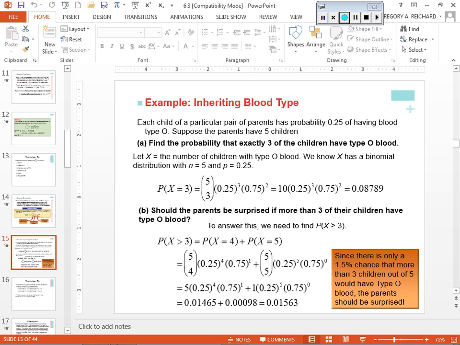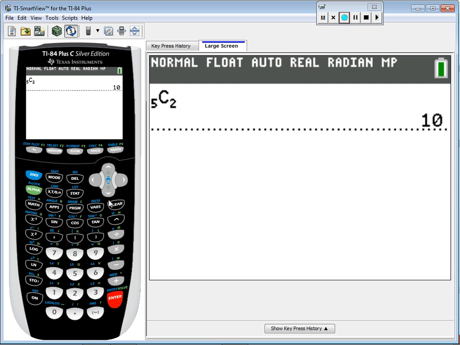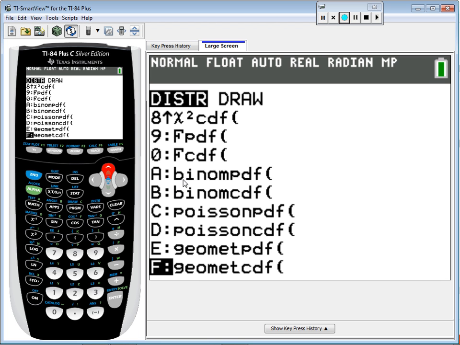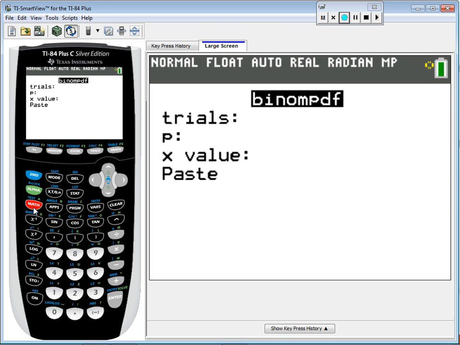To use the binomial PDF, I hit second vars, and then if I use the up arrow key, it's sort of the shortcut here. A is the binomial PDF. So if I hit alpha math for A, what I put in here is the number of trials, which was 5, the probability of success, which is 0.25, and the number of successes, which in this case was 3.